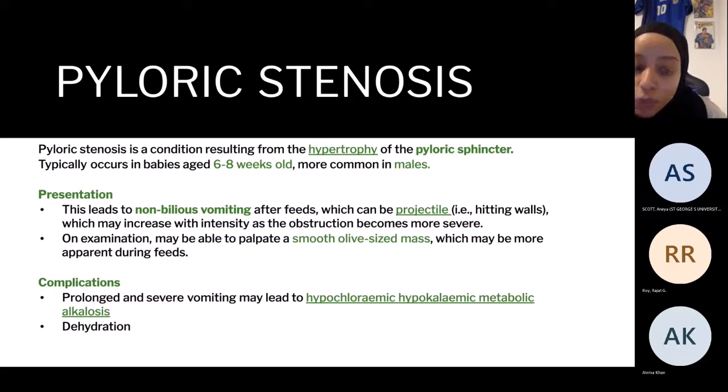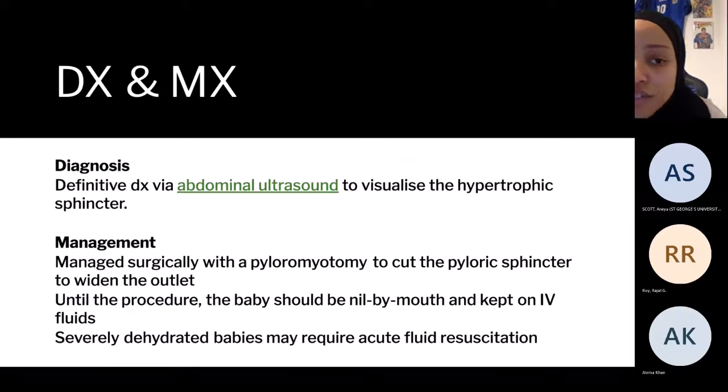Some of the complications of this condition would be the hypochloremic, hypokalemic metabolic alkalosis that occurs, as well as dehydration. As we've seen, the definitive diagnosis would usually be via an abdominal ultrasound.